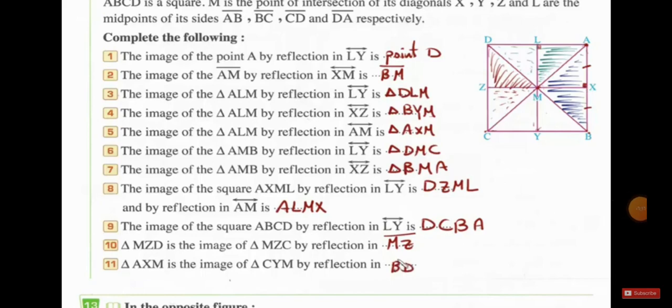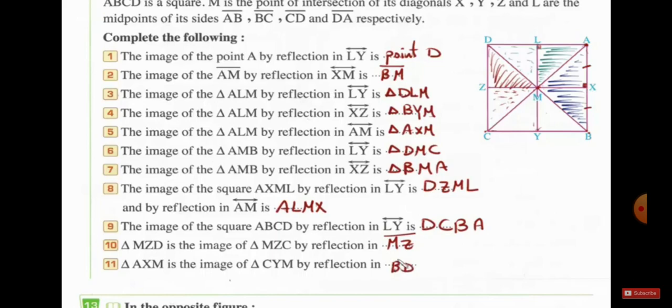This is an example for reflection. Let's try. Number 1: the image of point A by reflection in L1. Point A, as we see, and L1, which is the y-axis.